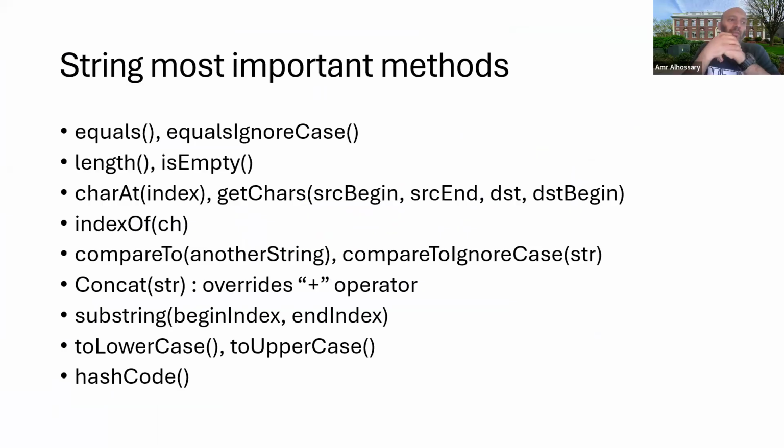It simply returns a value, 0 or positive or negative, indicating that the first string is alphabetically, lexicographically, equal to or before or after the second string. And the other one ignores case. We already described the substring and to uppercase.